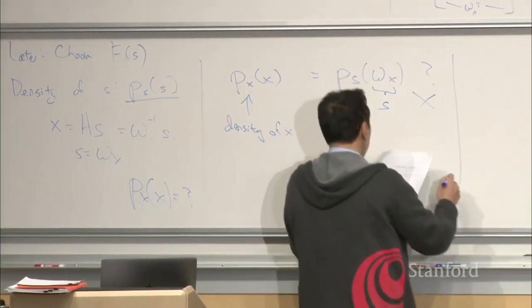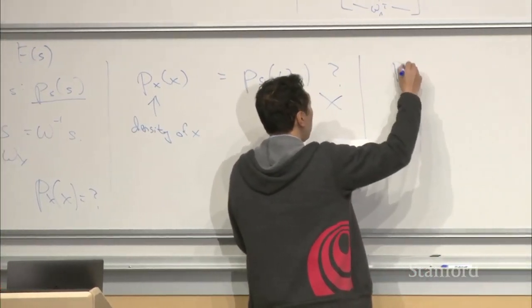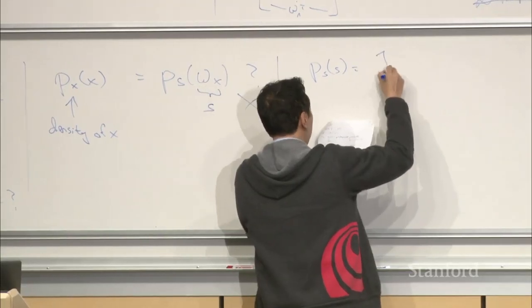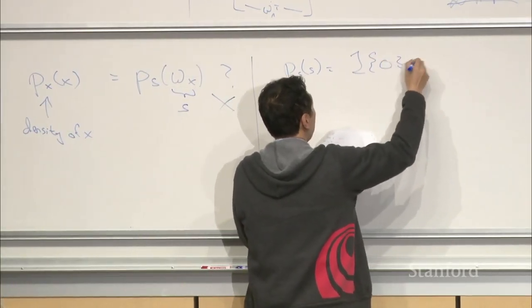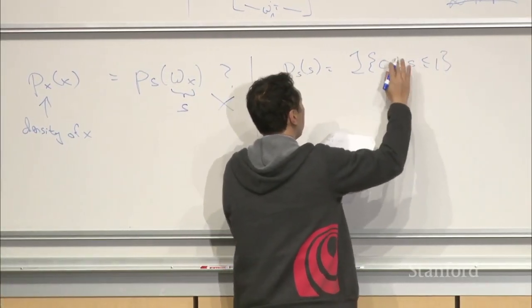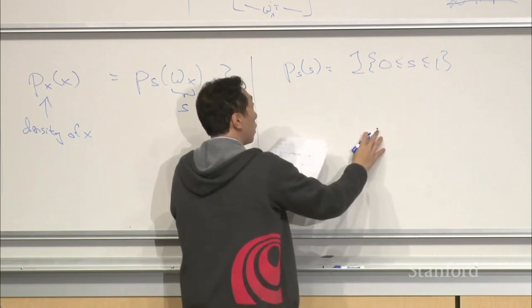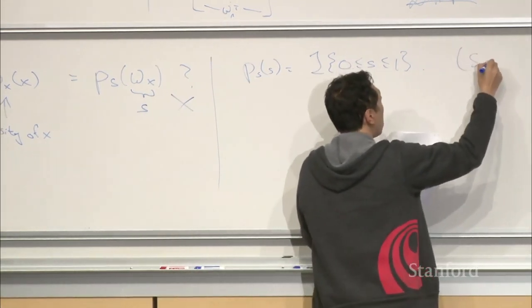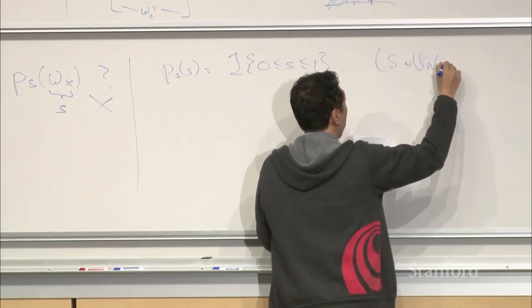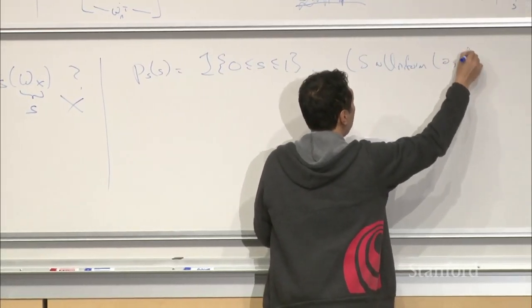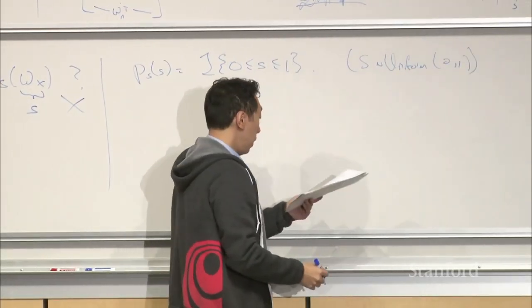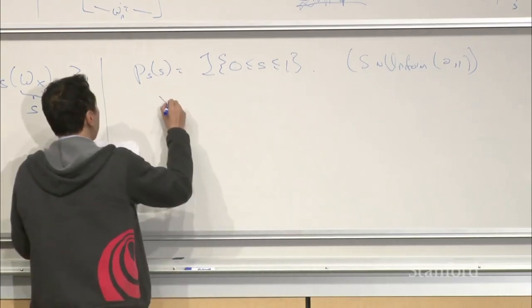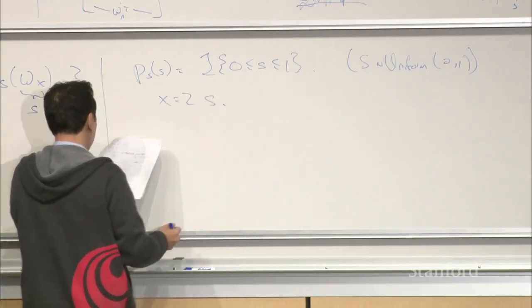But let's use a simple example. Let's say the density of s is the indicator that s is between 0 and 1. So s is distributed uniformly from 0 to 1. And let's say x is equal to 2 times s.